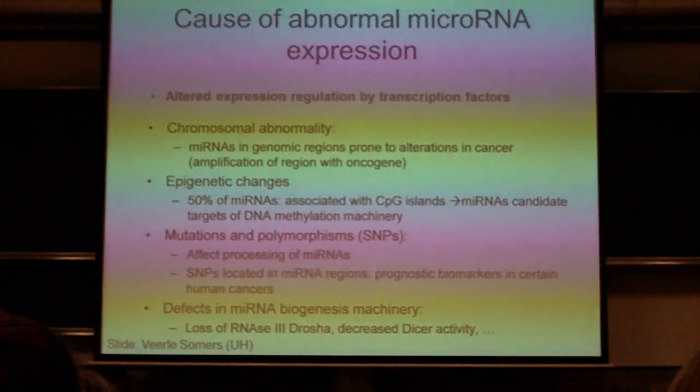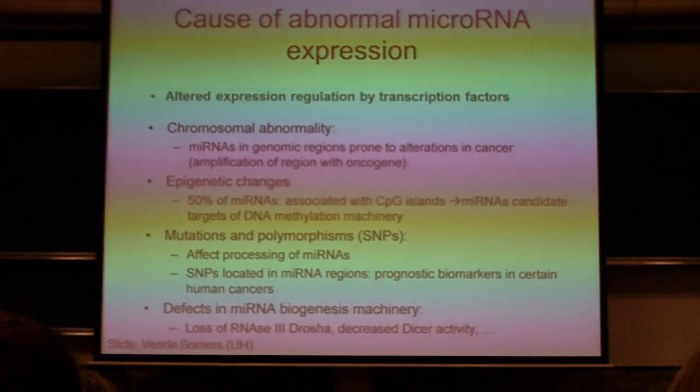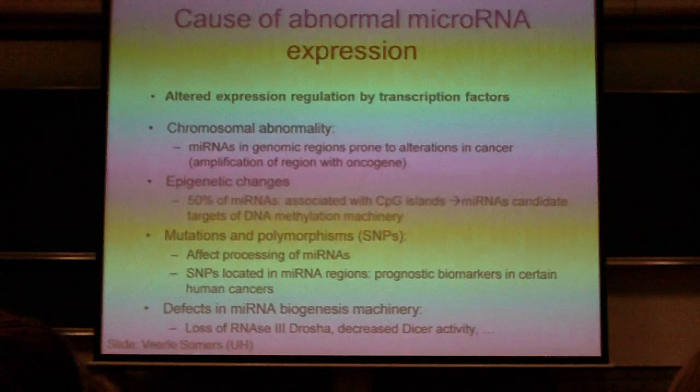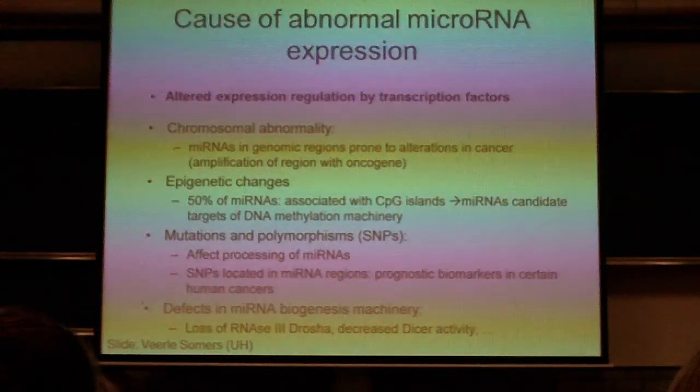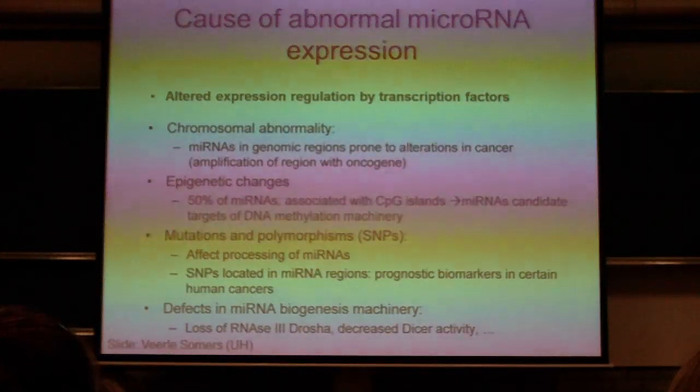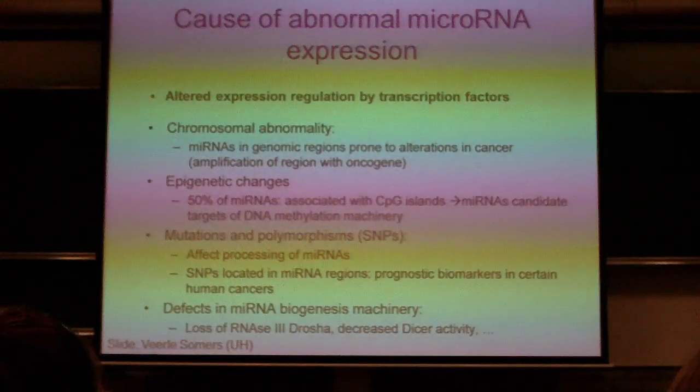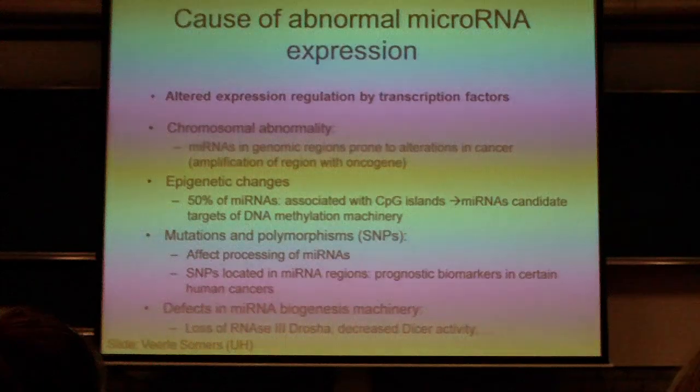Another tool is to make an inducible cardiac-specific knockout. We've done that as well. And what you then see is that when you induce the deletion of Dicer in the cardiomyocyte at a later stage of life, mice will also spontaneously develop heart failure.